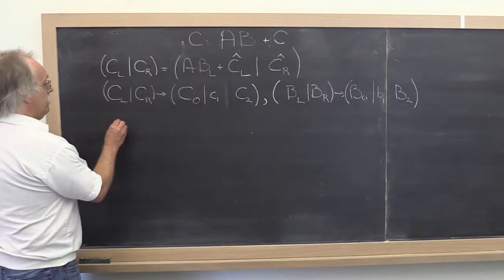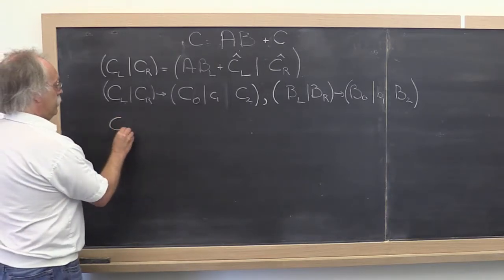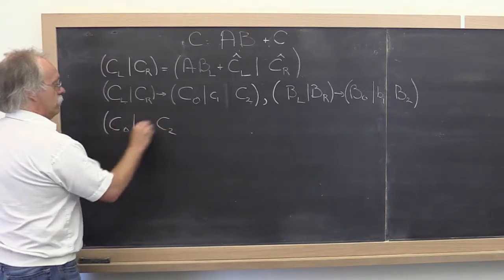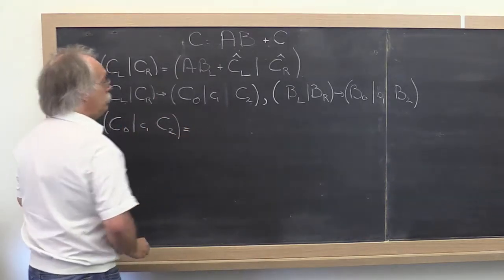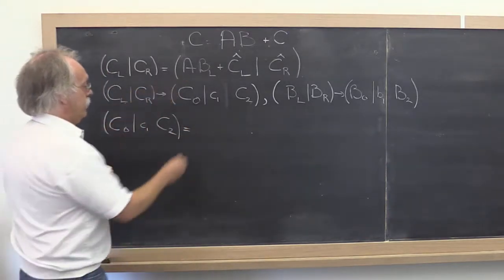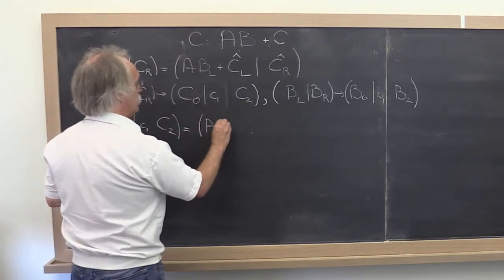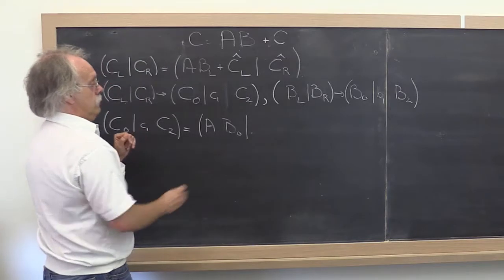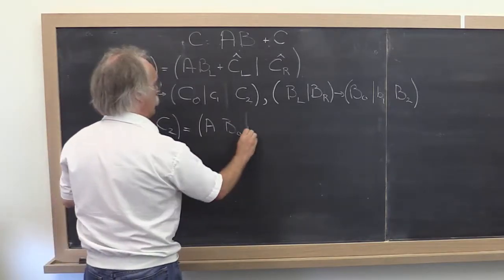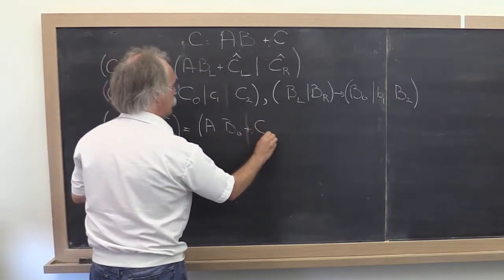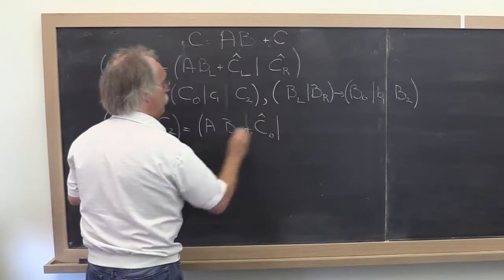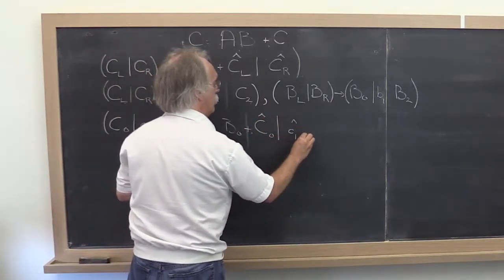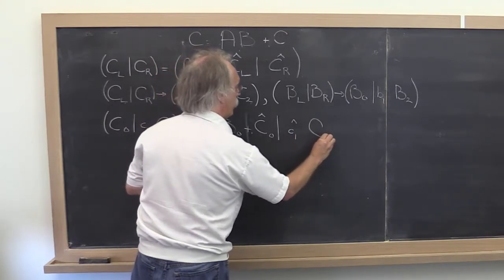And what do you get? C0, C1, C2 is equal to A times B0 plus C0 hat, and then C1 hat and C2 hat.